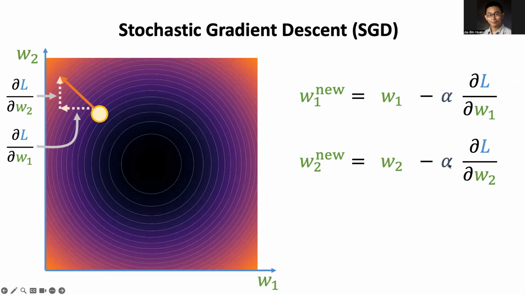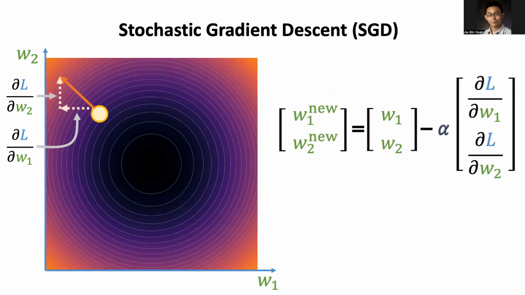All right. If you have a model with millions of parameters, you don't want to write this as a million equations. So usually what we want to do is represent this as a vector. Here's how it works. The original weight is W1, W2.